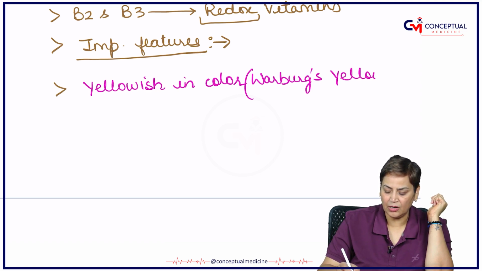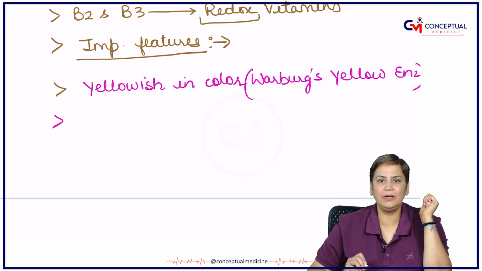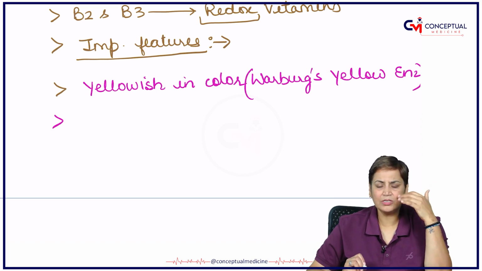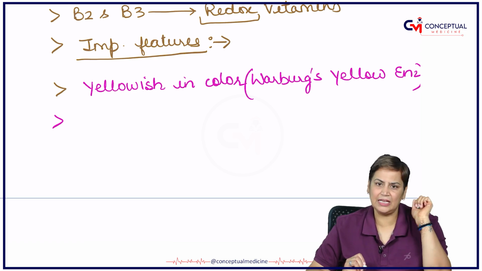That is why you must have observed that whenever we are having B complex, there will be a slight change in the color of the urine, which is normal. Why? Because of B2 in the B complex, which is yellow in color.